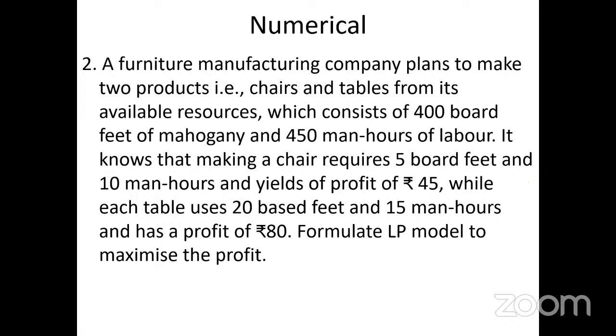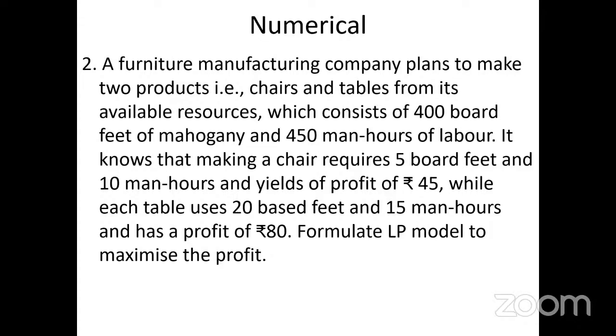Yes. One, the decision variables: let x1 be the number of chairs, x2 be the number of tables, need to write. Then the objective function is maximize z equals 45x1 plus 80x2, subject to the constraints.